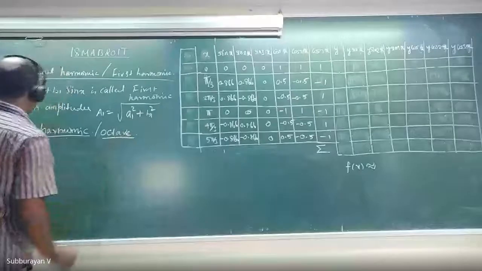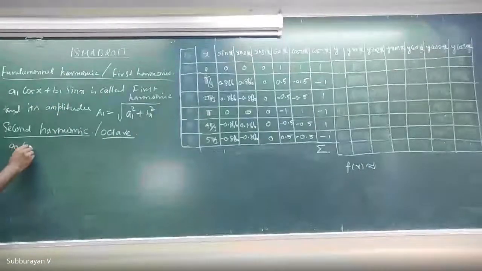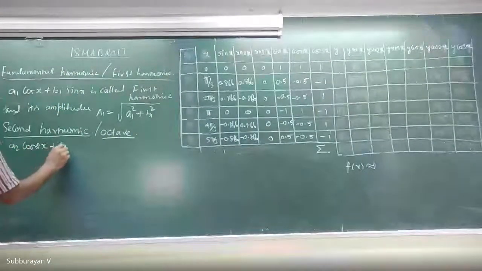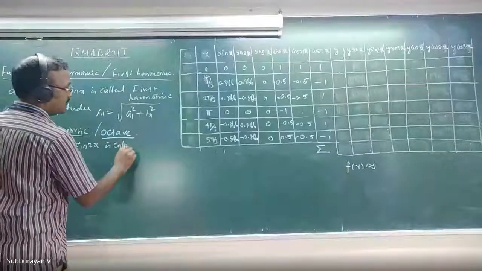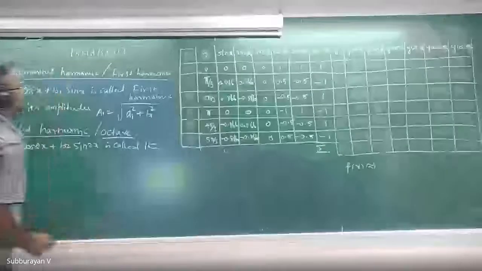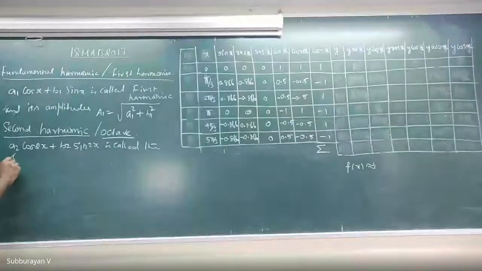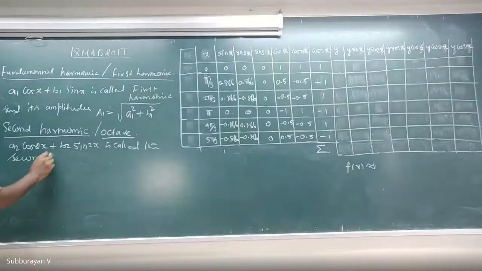Okay, octave. This is A2 cos 2x plus B2 sin 2x is called the second harmonic.